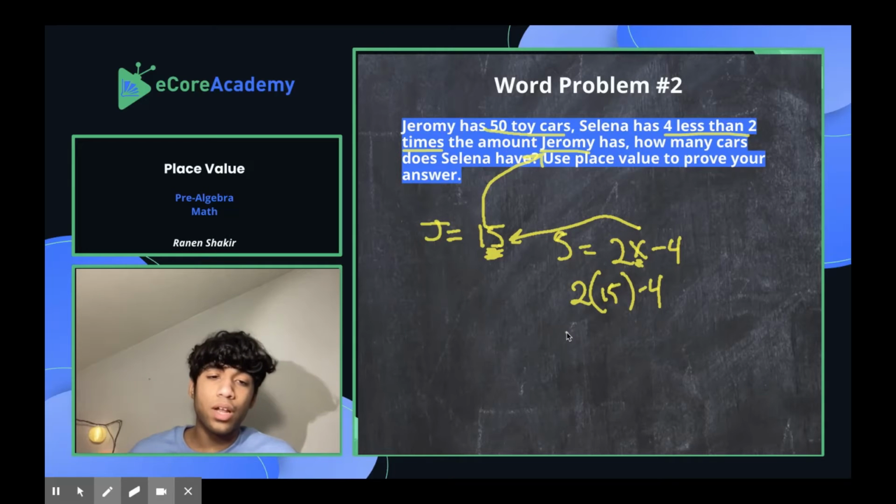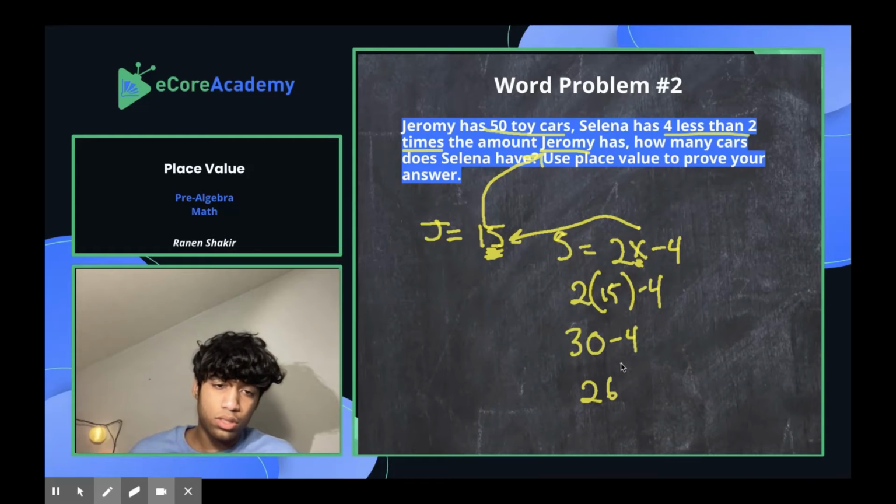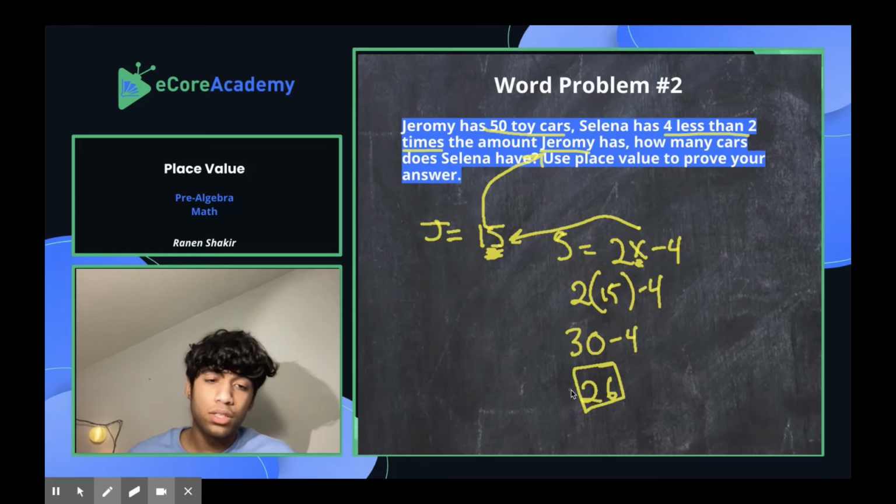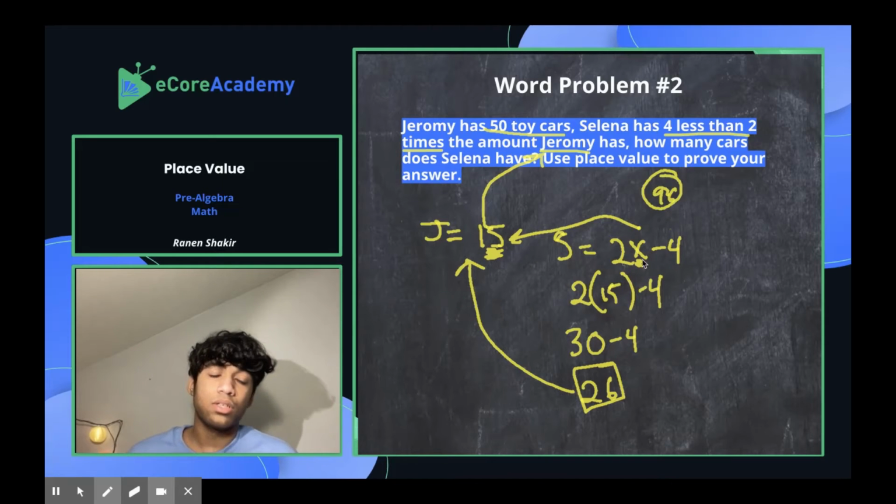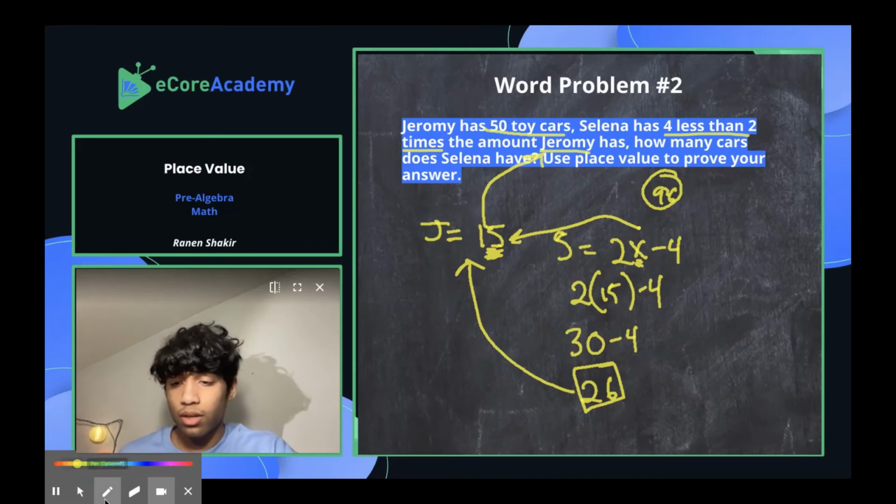So we have 2 times 15, which is 30, minus 4, which is 26. So that is the amount of cars that Selena has if Jeremy were to have 15. But the answer to our question with 50 toy cars is 96, as we discussed before. So if you got 96 for this question, good job. You got it right.